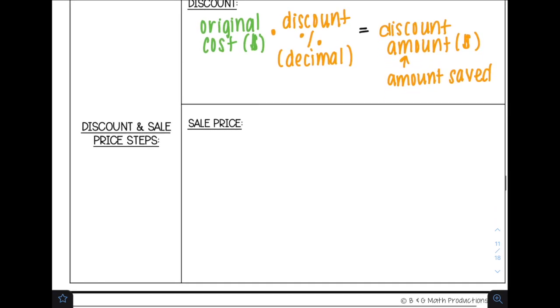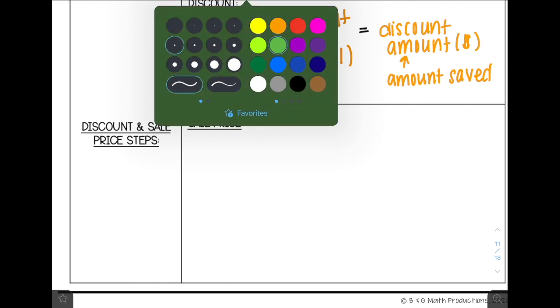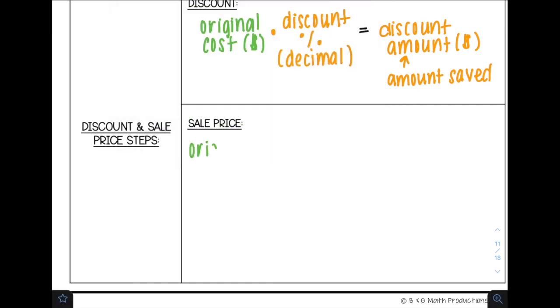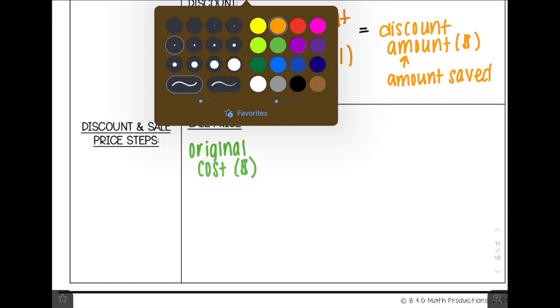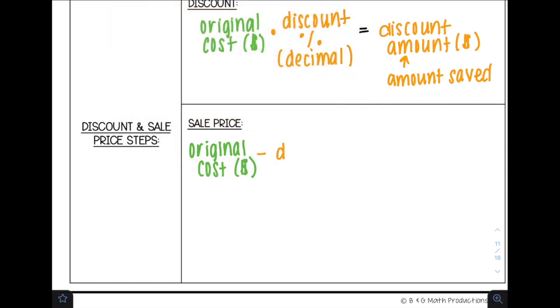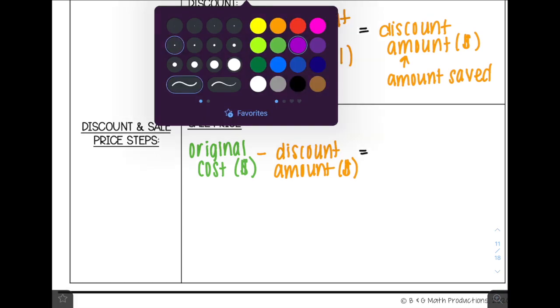In order to find your sale price, you have to take the original cost, you're going to subtract your discount amount or the amount saved, and that's going to get you your sale price.